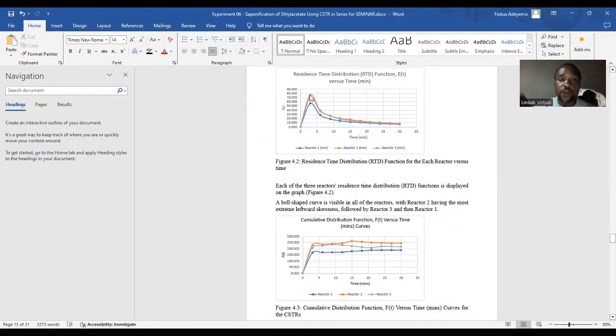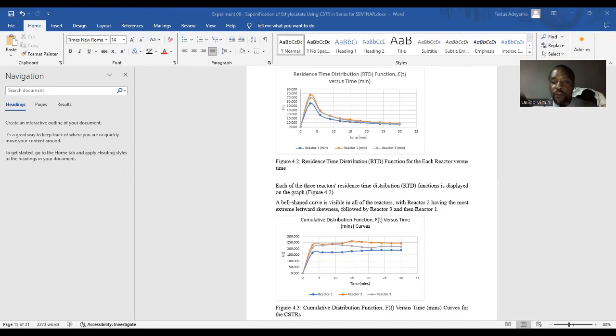The F(t) curve for reactor 2 spikes sharply at around t equals 15 minutes. Possible causes include dead volume or stagnant area inside the reactor, which impede fluid flow.